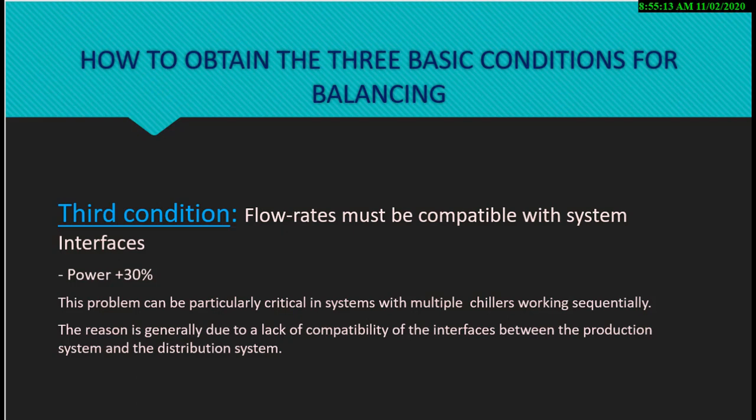This problem can be particularly critical in systems with multiple chillers working sequentially. The reason is generally a lack of compatibility of the interfaces between the production system and the distribution system.